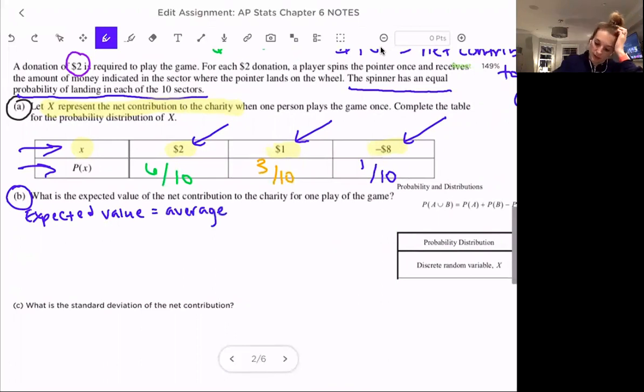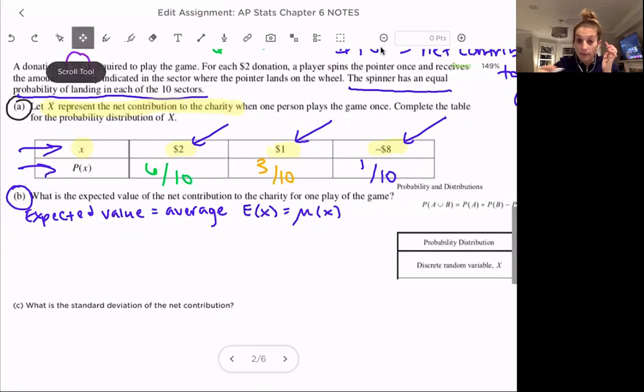The notation for expected value is capital E of X, or you may see it as mu of X. And remember, mu is that Greek letter, and it stands for a population mean, all right? And that's what the expected value is. It's an average, it's a mean. It's a mean of basically our random variable over the long term, over many, many trials, many, many plays of the game in this case.